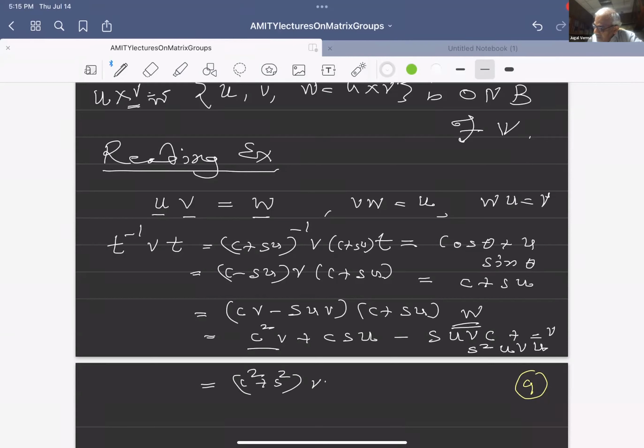And the CSU term, just a minute, something is wrong.